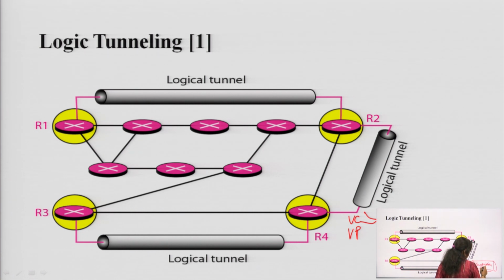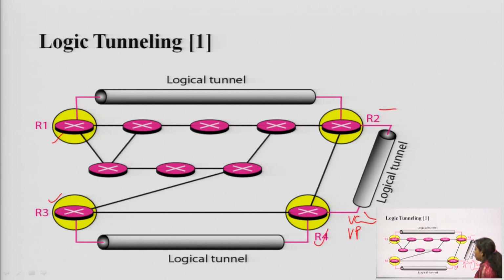denoted by TP also. So, TP is nothing, it is a part of the physical layer, that is also a part of the OSI model, that is the last layer. In the physical layer, this logic tunneling is there, where the actual packet of information will be transferred. Like this is the logic tunneling, this is router R1, this is router R3, this is router R2, this is router R4.